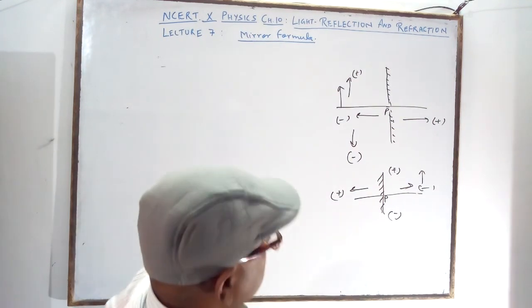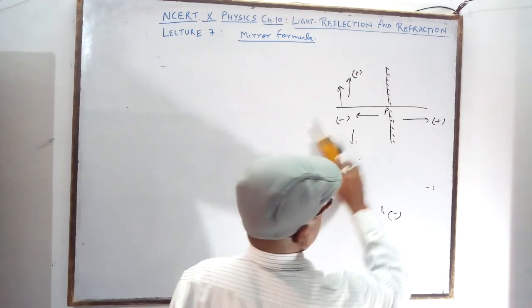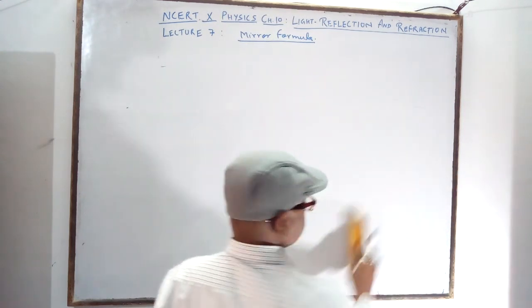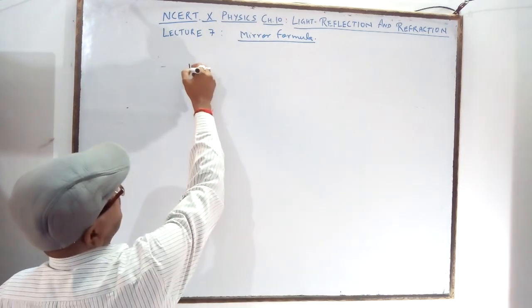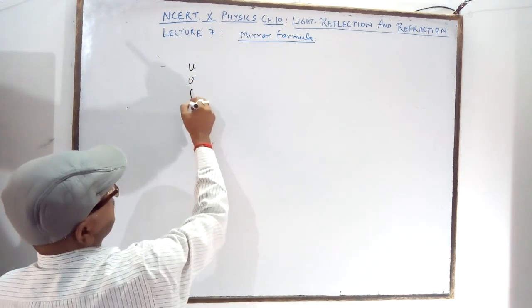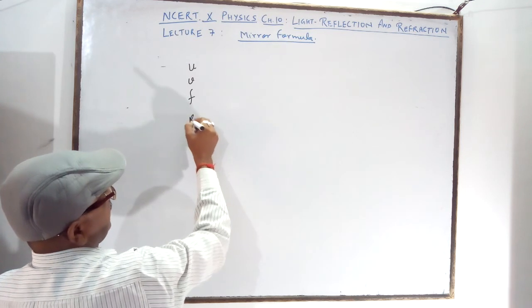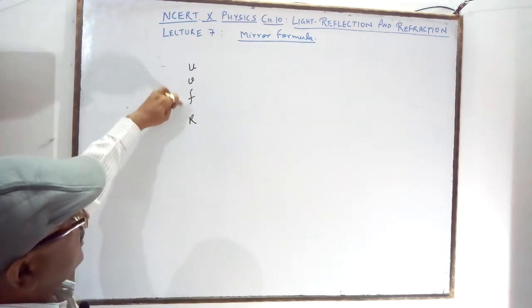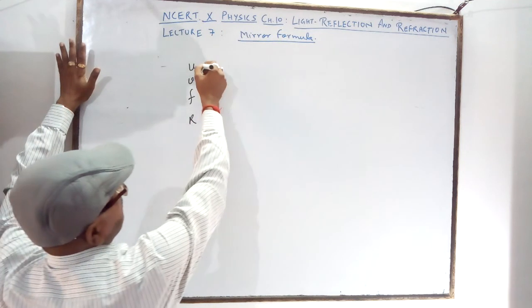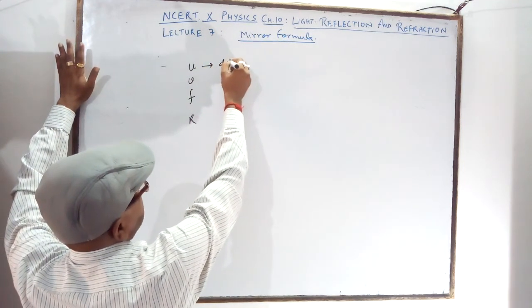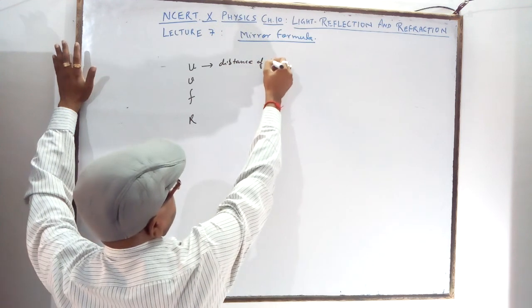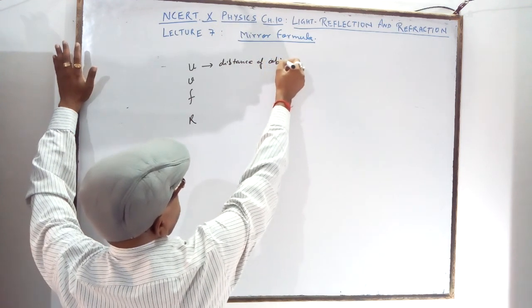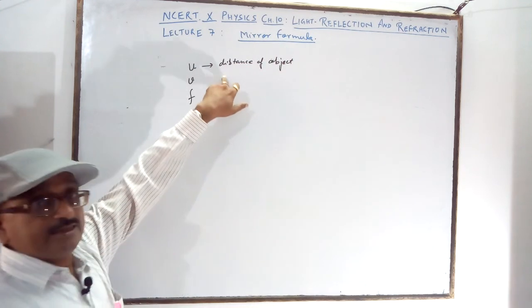Something very important: when any mirror is given, you will get some special characters: U, V, F and R. U is the distance of the object. In physics it is also known as the initial velocity.